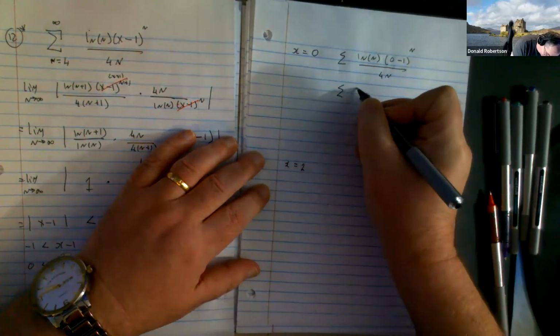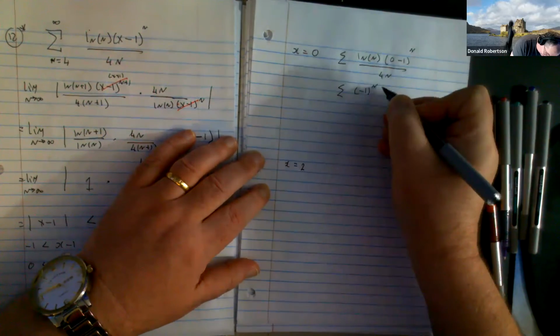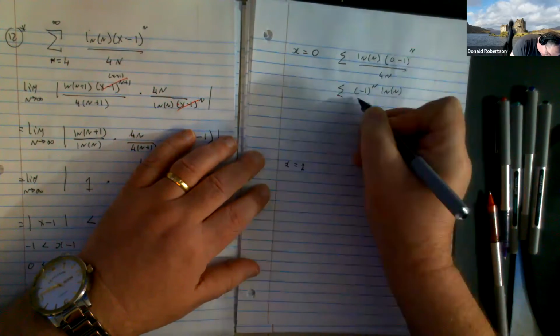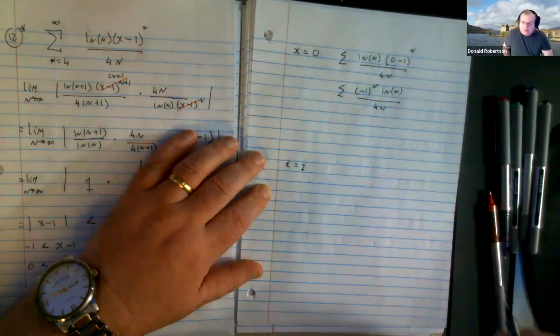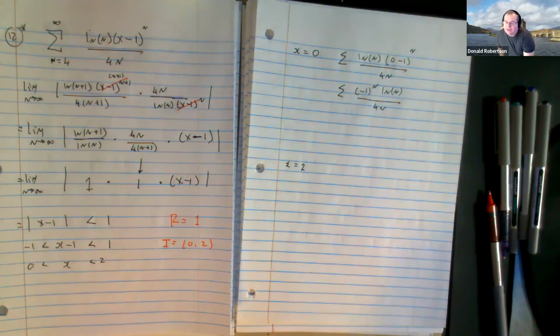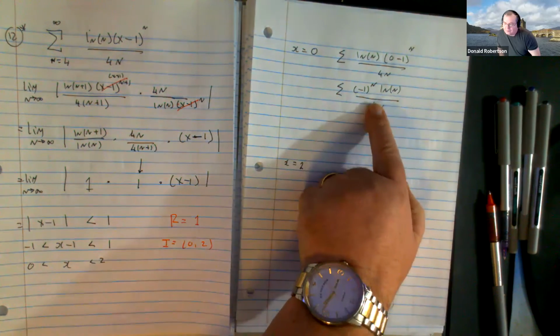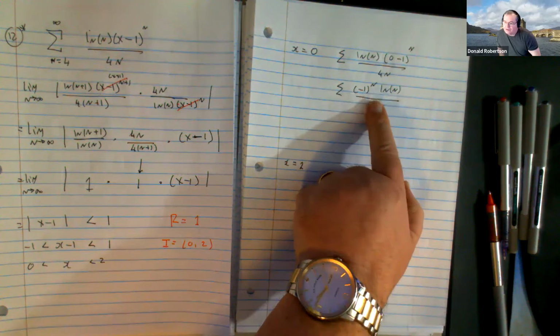That becomes -1 to the n log n over 4 to the n. Do you recognize an alternating series test? Agreed? Alternating series test.